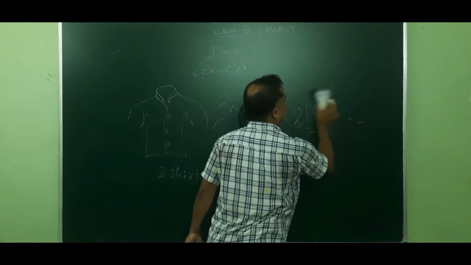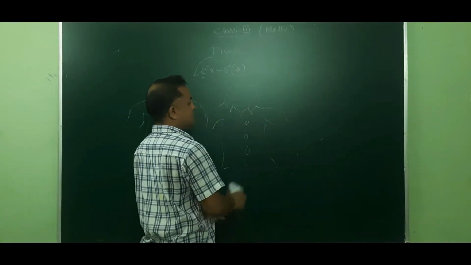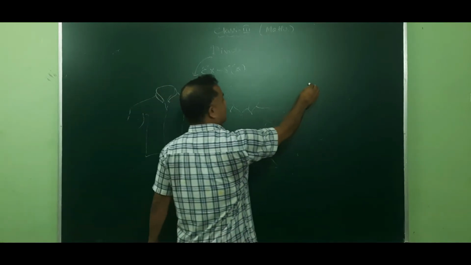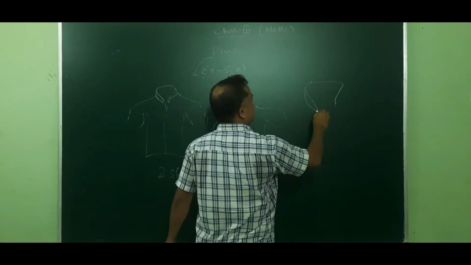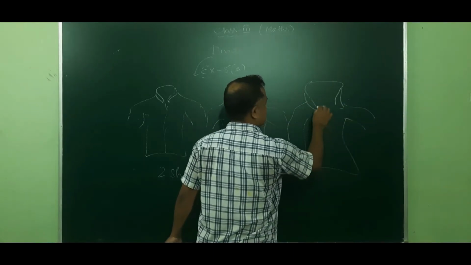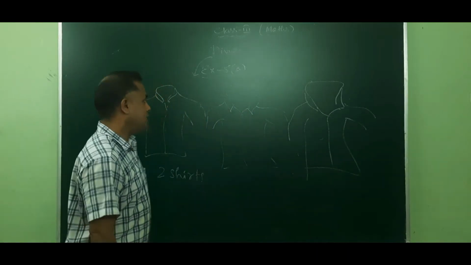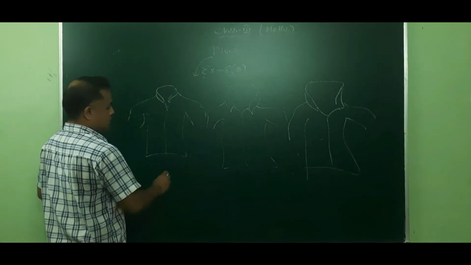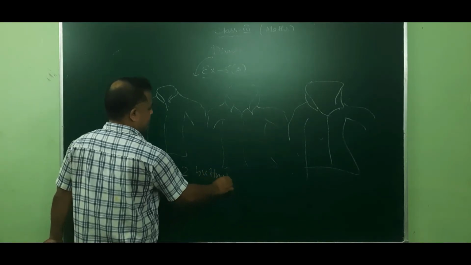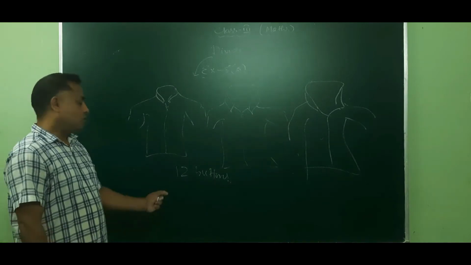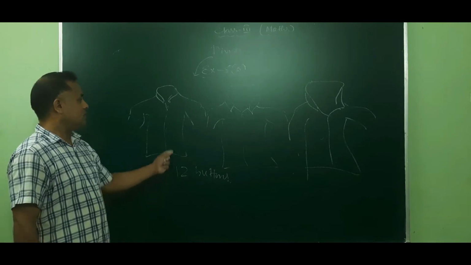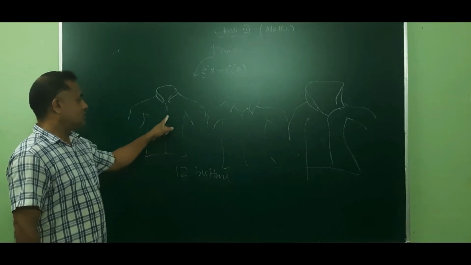Similarly, in this way, if we have 3 shirts and you are given, say, 12 buttons, how many buttons will each shirt get?